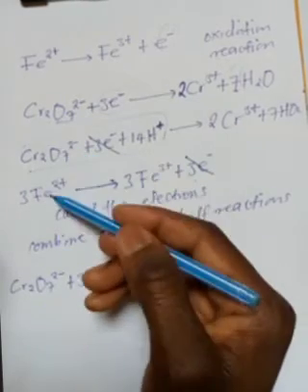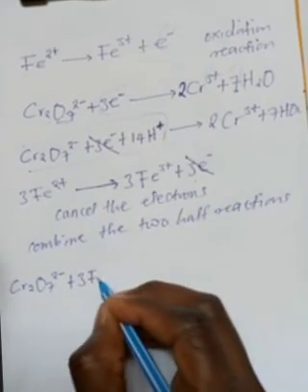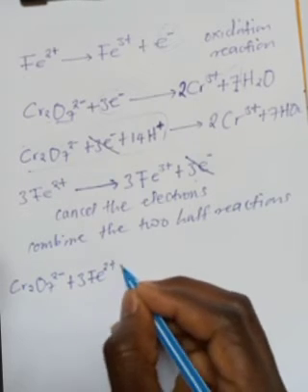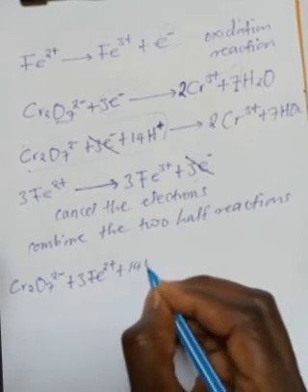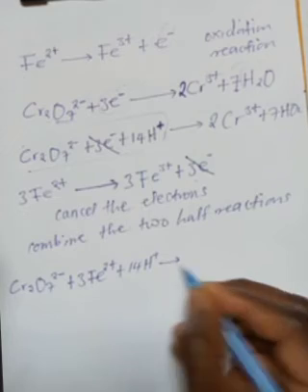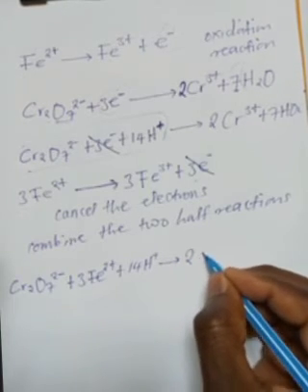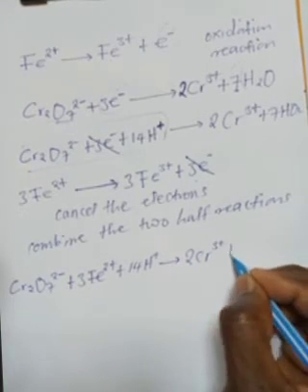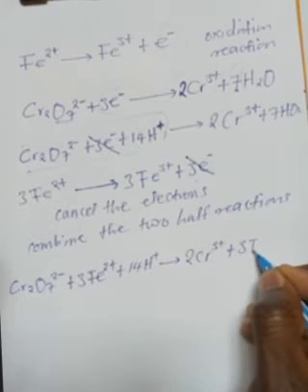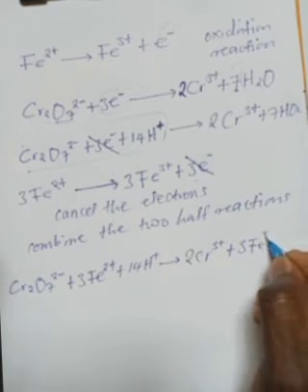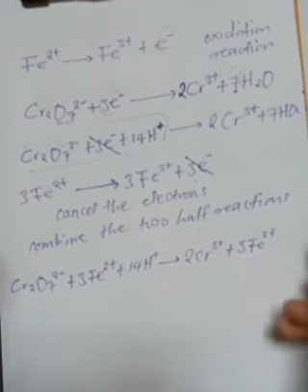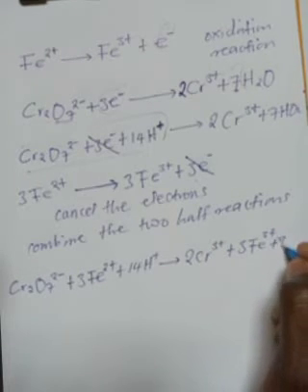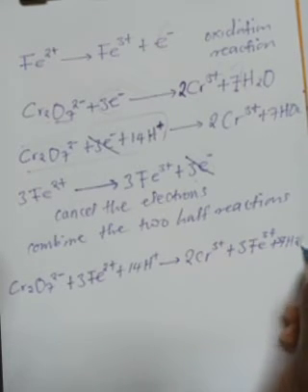I'm taking this and that, then I'll come to that one. 2 plus 14 hydrogen ions, giving us 2 plus 3, then you add the water molecules, 7 water molecules.